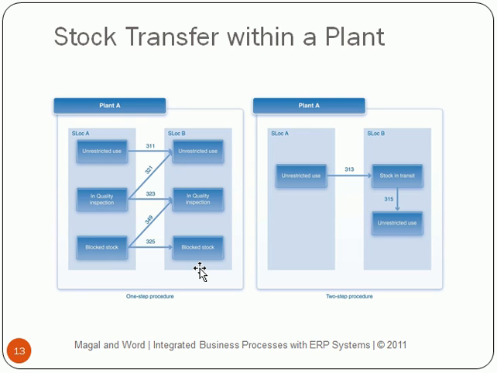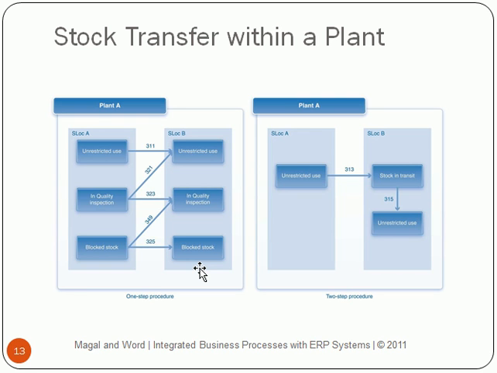You have to go through in quality inspection and then do a transfer posting to unrestricted use. Because if it is blocked, it's blocked for a reason. Either it has not been inspected or it continued to be blocked for sampling, as we said, or for experimentation.